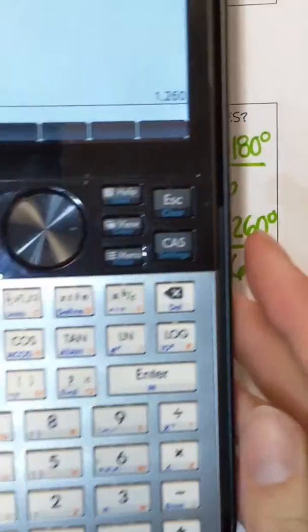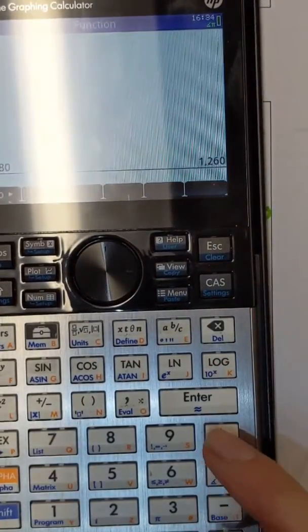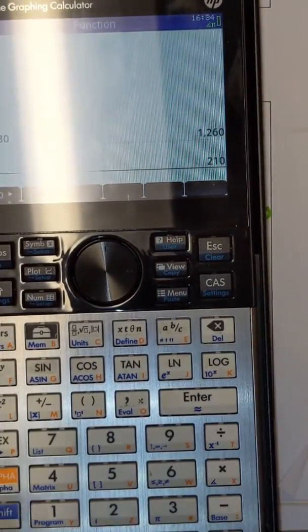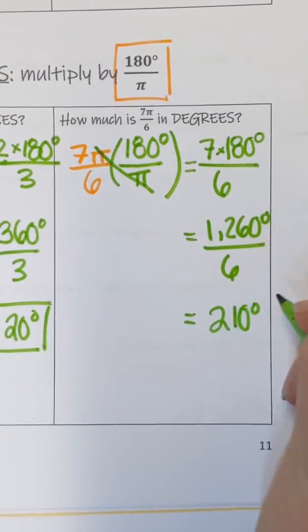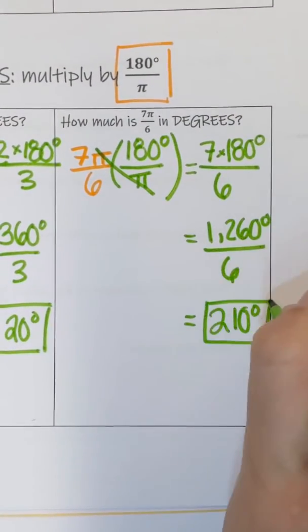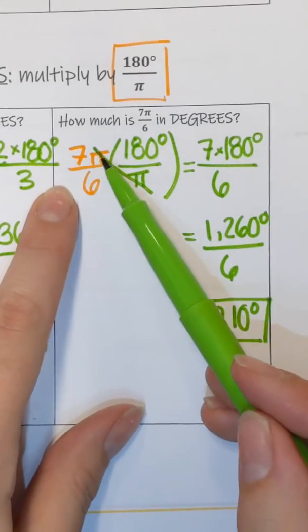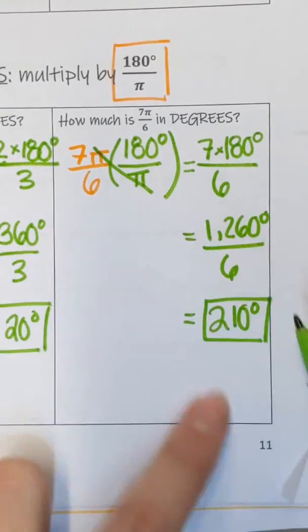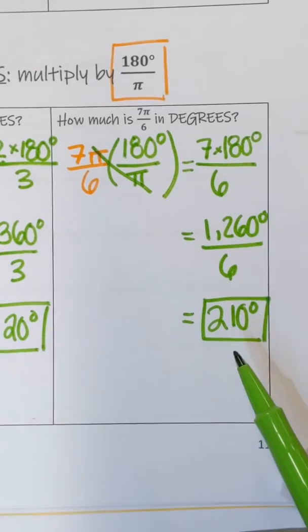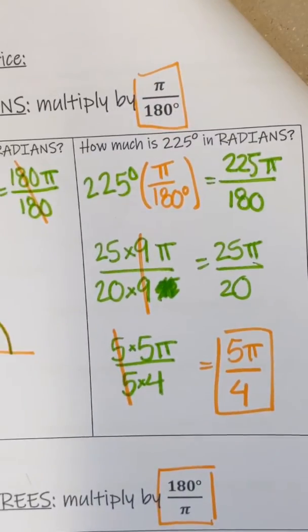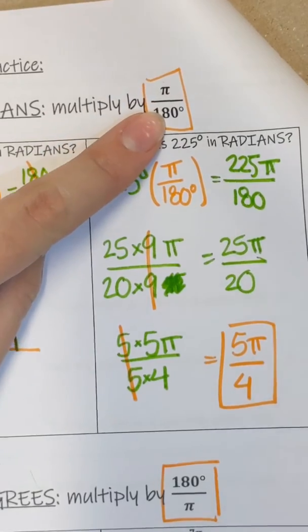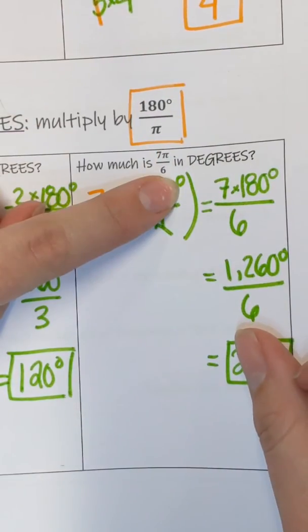And then we're going to divide it by 6, and that spits out 210 degrees. So again, we know that 7 pi over 6 radians is equivalent to 210 degrees. And that's how you convert between the two measures for angles. We're always going to use our tools, pi over 180 or 180 over pi.